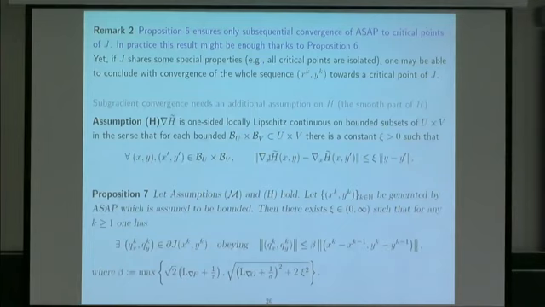In order to prove the subgradient convergence, we need to suppose that the smooth part of the coupling term is one-sided locally Lipschitz continuous, which is quite a looser requirement compared to other papers. You notice that here the x is the same.